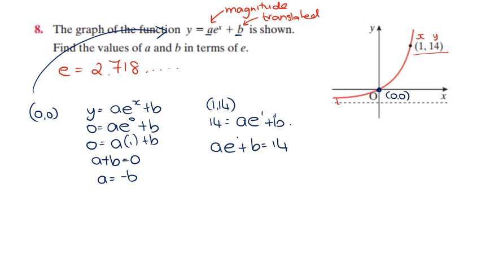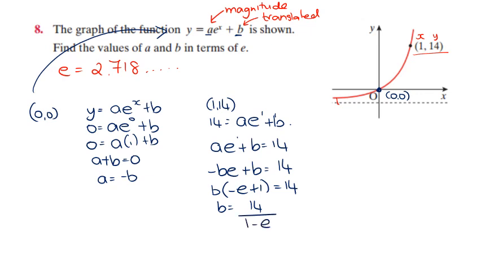So I've got minus b e plus b equals 14. If I factorize the b there, I have b times minus e plus 1 equals 14. So b equals 14 over 1 minus e.